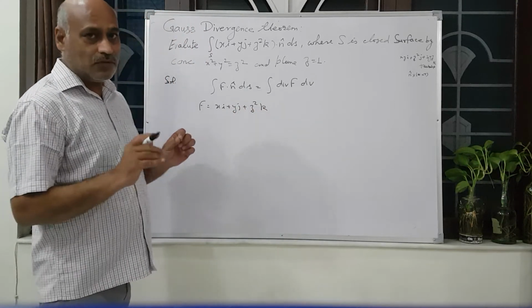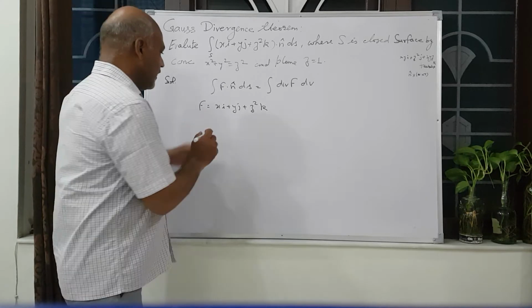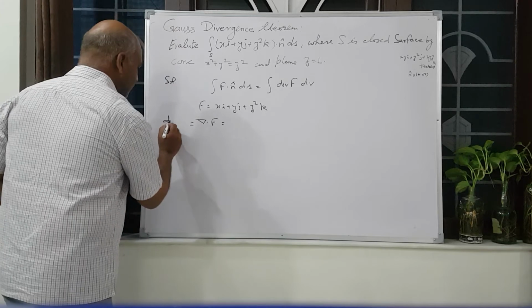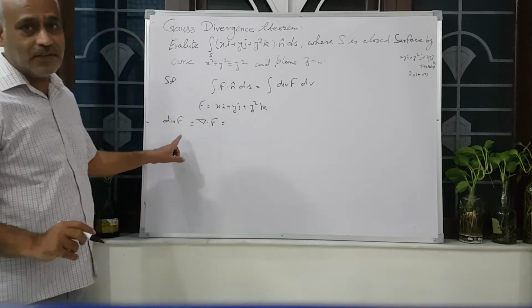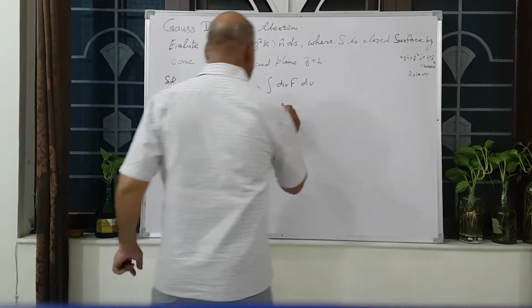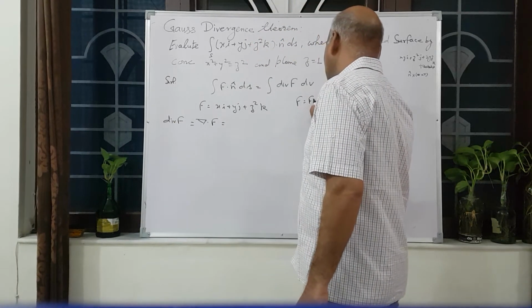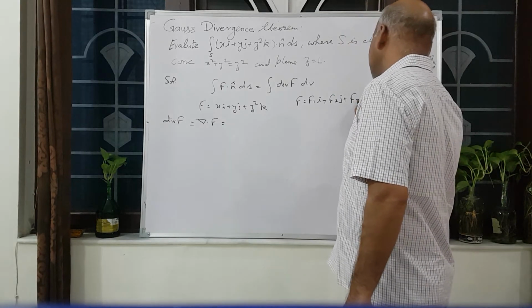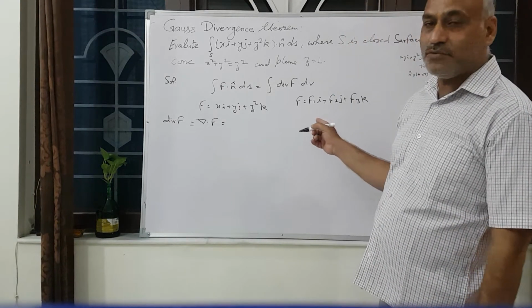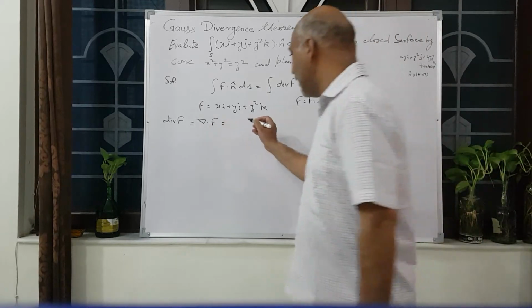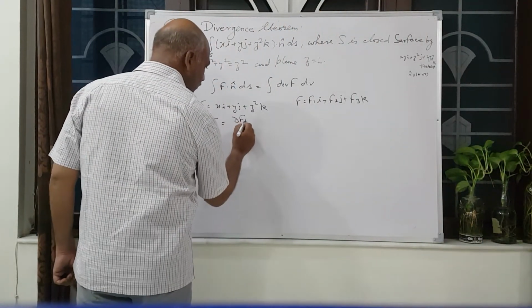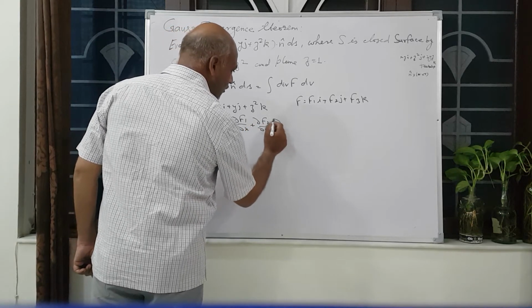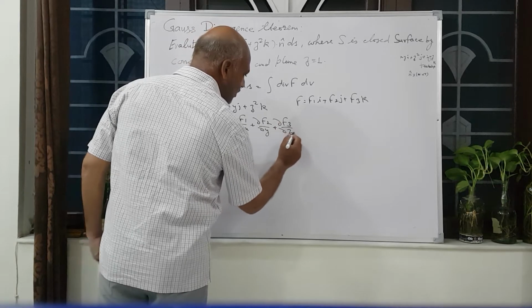First we have to evaluate del dot F, which means divergence F. If F is equal to F1 i plus F2 j plus F3 k, then del dot F is del F1 by del x plus del F2 by del y plus del F3 by del z.